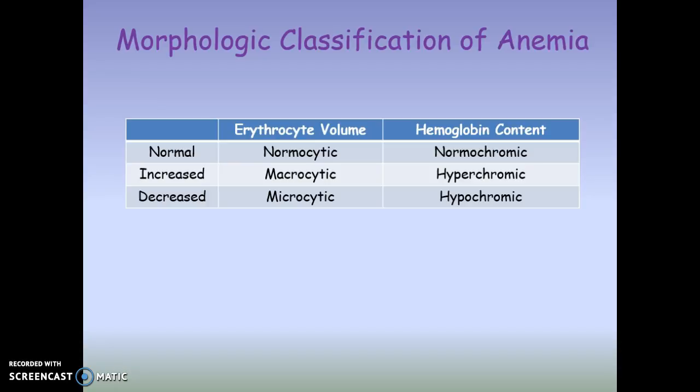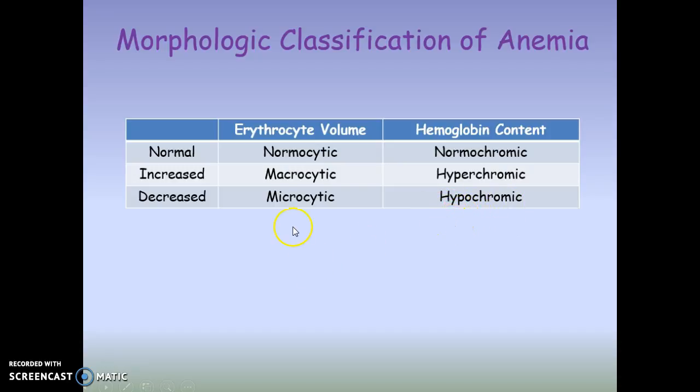In this case, you will not need to know which classification a different type of anemia is. So, for example, you don't need to know that iron deficiency anemia, so we'll talk about that, is an example of a microcytic hypochromic anemia, which means the red blood cells are smaller than normal, as well as they have decreased hemoglobin content.